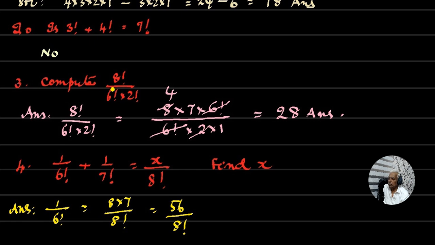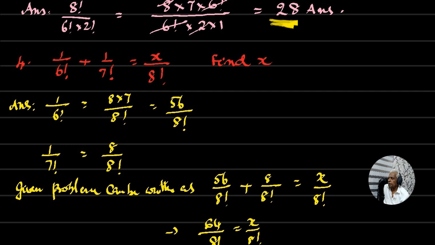Third problem, compute factorial 8 by factorial 6. It's just expand and do it. 28 is the answer. Next, 1 by factorial 6 plus 1 by factorial 7 is x by factorial 8.